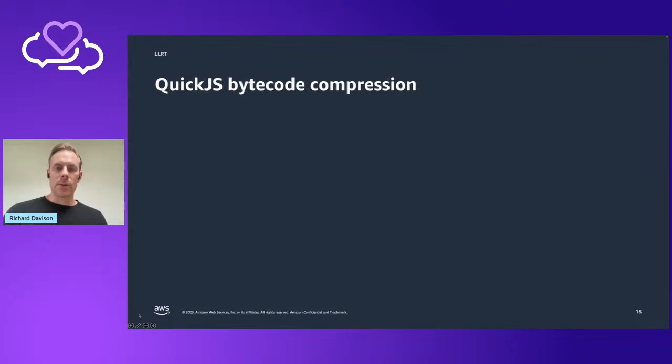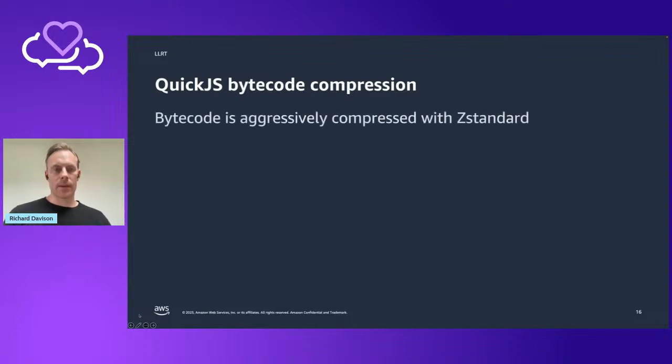And to further reduce the size of the JavaScript, we apply compression on the bytecode. So bytecode is aggressively compressed with Zstandard at the highest compression settings. Zstandard is a compression algorithm used by Facebook, and it's actually invented and created by Facebook. So this will make the already minified JavaScript code shrink from about 2.3 megabytes to 543 kilobytes.